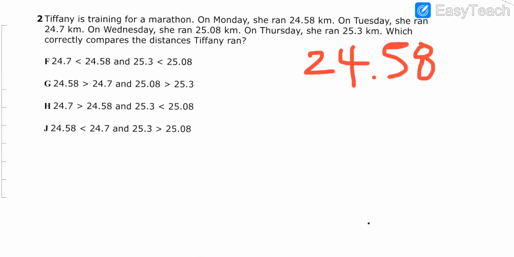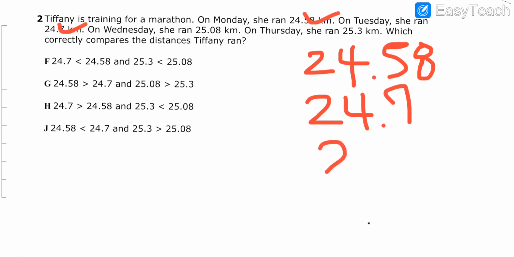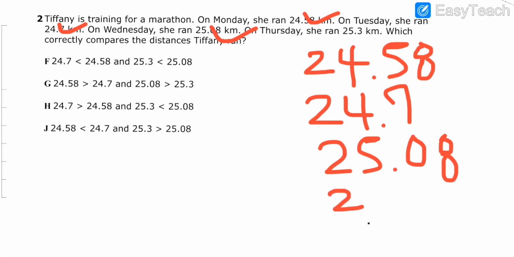And if you are lining these up or you're writing the numbers out without your place value chart, be careful to line up your decimals. 24 and 7/10. On Wednesday, 25.08, which is 25 and 8/100. And last but not least, 25 and 3/10.